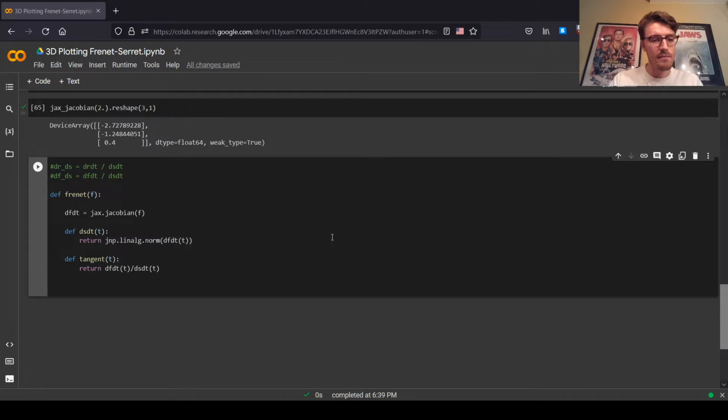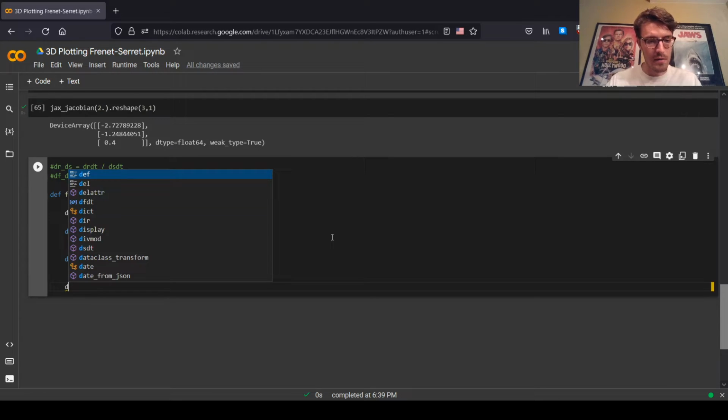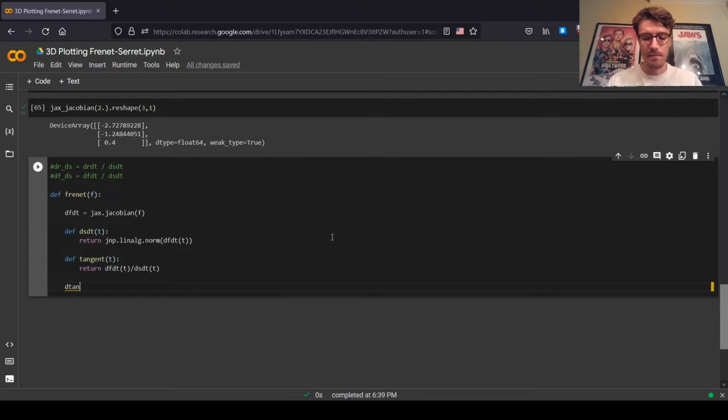Now, in order to find our normal vector here, we're going to need a differential tangent, like d-tan, how about d-tan dt? And this will be easy to get using our Jacobian once again.